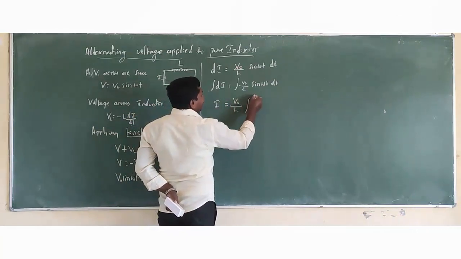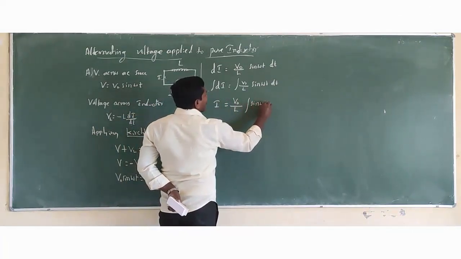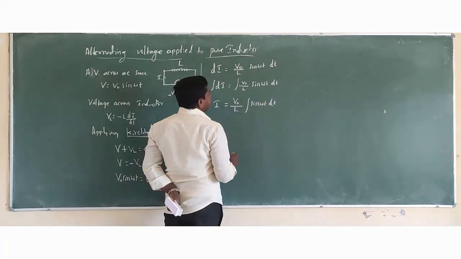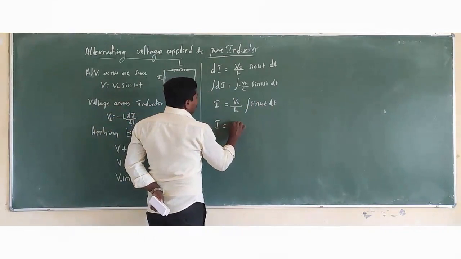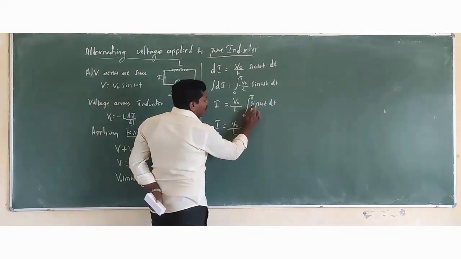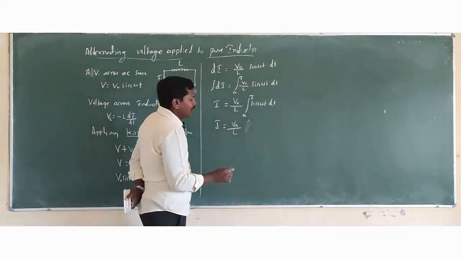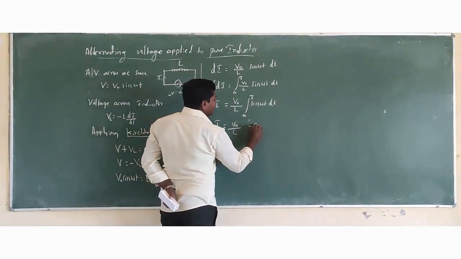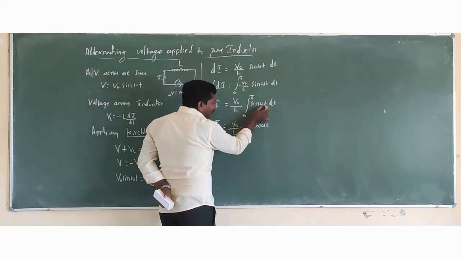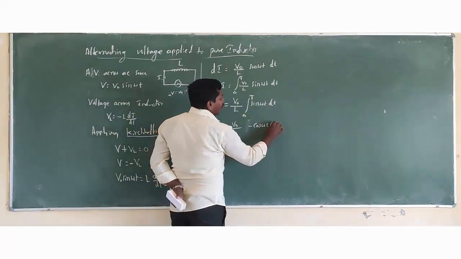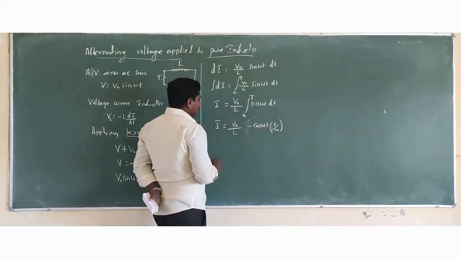So if we integrate sin omega t into dt, I is equal to V naught divided by L. If we integrate sin omega t, we are going to get minus cos omega t. And if we integrate omega t, we are going to get 1 divided by omega.